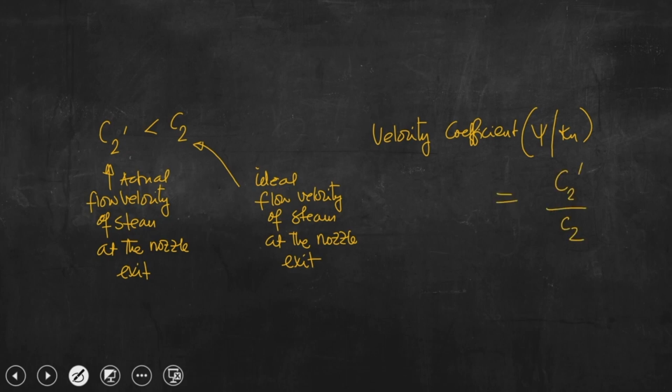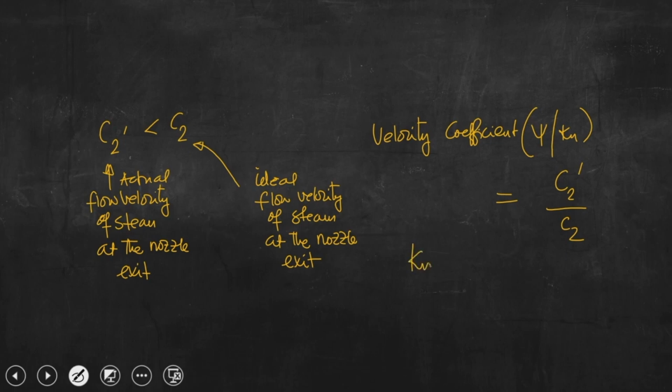You can understand that the velocity of steam at the exit of the nozzle in actual condition is always less than the ideal condition, and the ratio of these two velocities is known as the velocity coefficient.